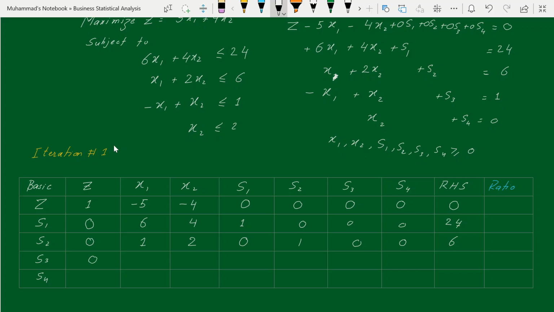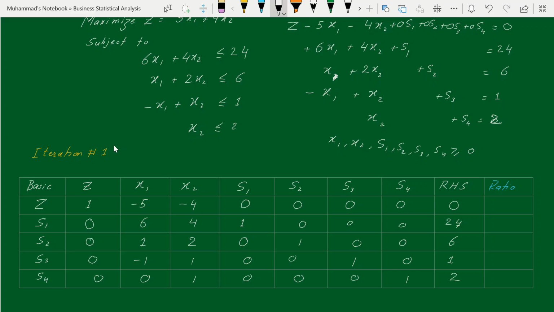So here x1 is minus 1, minus 1, 1, 0, 0, 1, and the last is 2, not 0. Okay, so now we will write down the last constraint. So 0, 0, 1, 0, 0, 0, 1, and finally here we can write down the 2.